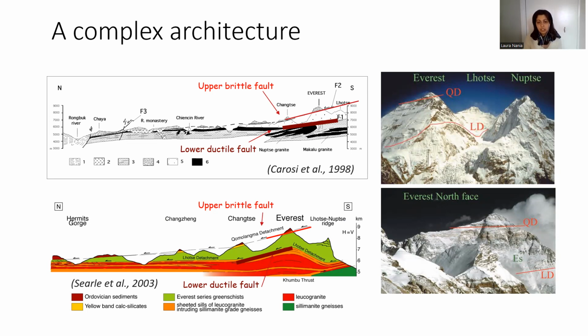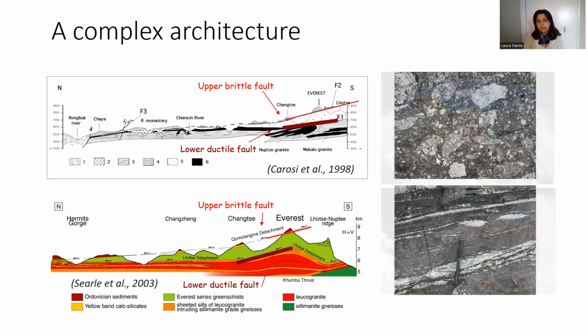At higher structural levels, there is another feature that, in the Everest area, is represented as the Chomolungma detachment, which has the same kinematics and sense of shear but is in the brittle regime. So we have this complex architecture with two structures, where the majority of the deformation has been accommodated by the mylonitic zone.